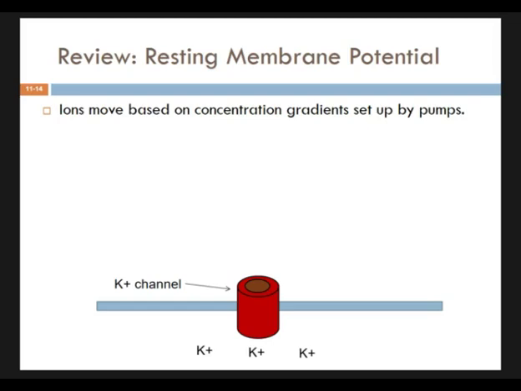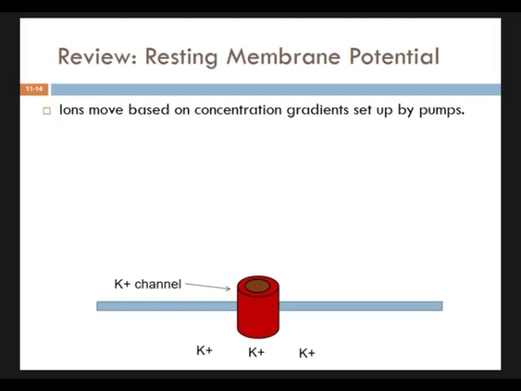So to remind you how resting membrane potentials work, you always start off with the assumption that there are some pumps somewhere, usually the sodium-potassium pump, that have established previously concentration gradients for ions. In the case of neurons, just like muscle cells, the most important ions determining anything about membrane potentials will be sodium, and especially for resting membrane potentials, potassium ions.